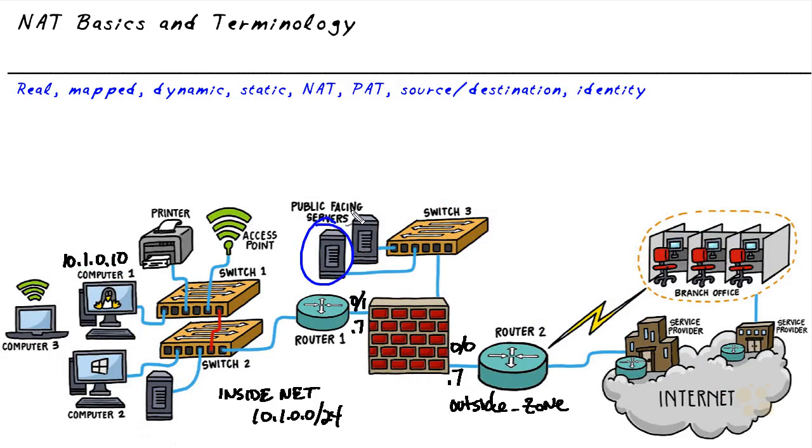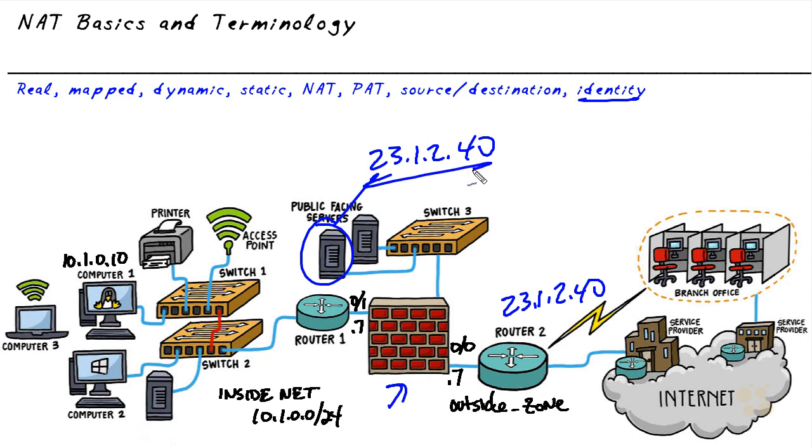If we have a server here, and that server's address is 23.1.2.40, and we want this server to appear as 23.1.2.40 on the other side of the appliance, what we're going to do is set up identity NAT. It basically says, I want to map this IP address that's on this part of the network to this IP address, the same exact IP address on the other side of the NAT device. And it's set up as a rule so that the same address can be used on both sides.